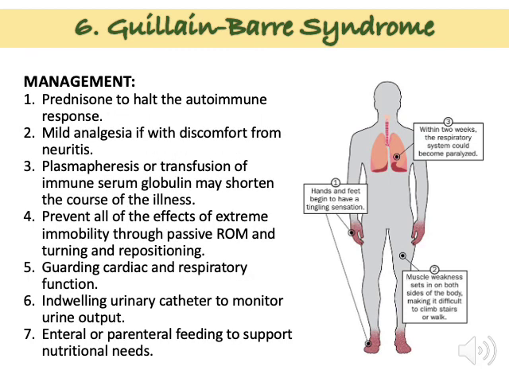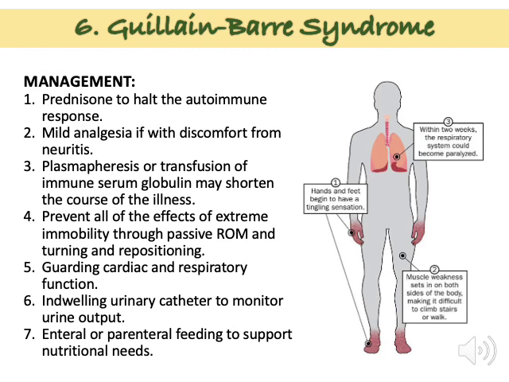For the management, prednisone can be given to halt the autoimmune response. If with discomfort because of neuritis, mild analgesia can also be given. Plasmapheresis or transfusion of immune serum globulin may shorten the course of the illness.